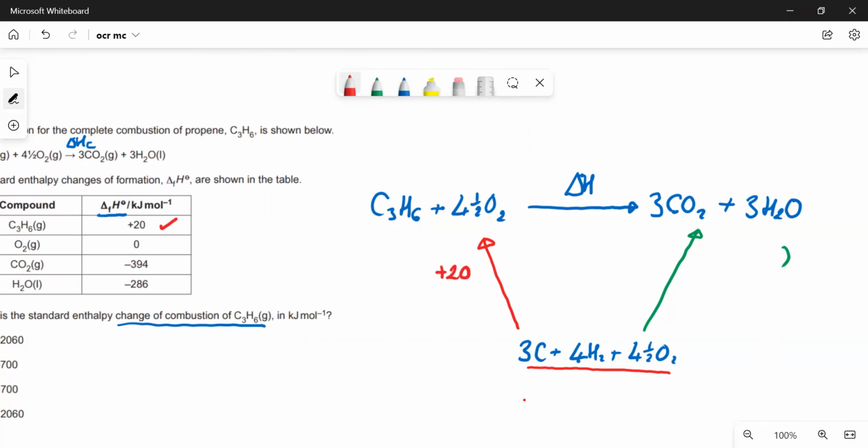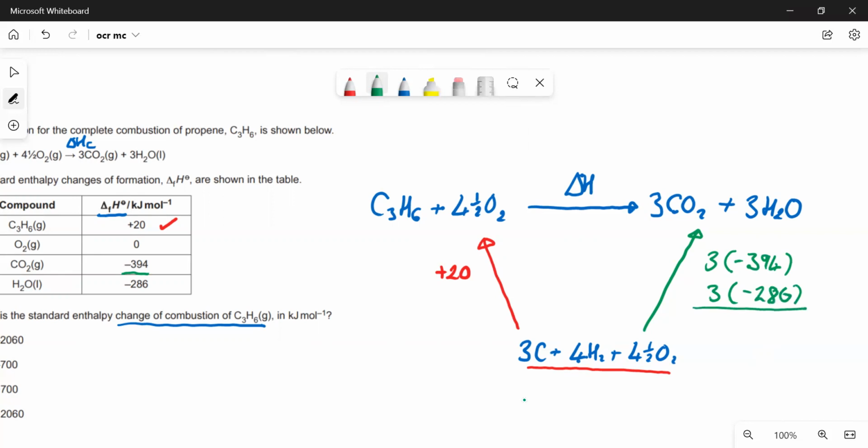Let's look on the other side, the green arrow. So what we're doing there, we're forming 3 moles of carbon dioxide. Each one of those is minus 394. And we're forming 3 moles of water, so that's 3 times minus 286.